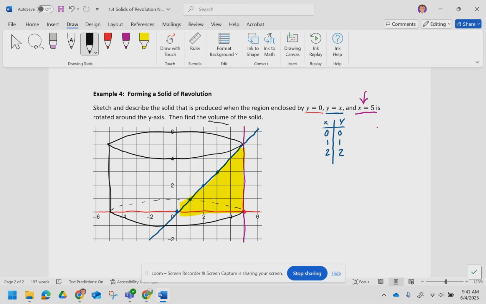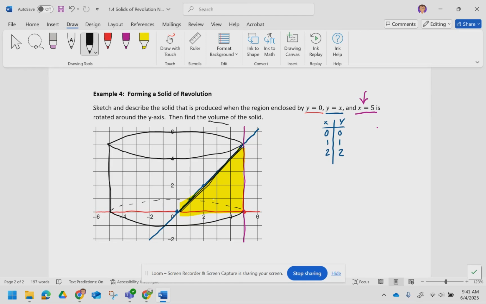Now, what we need to pay attention to is this diagonal. That diagonal is going to create a bowl-like hole in the top. Only this shaded region is going to be creating anything solid.